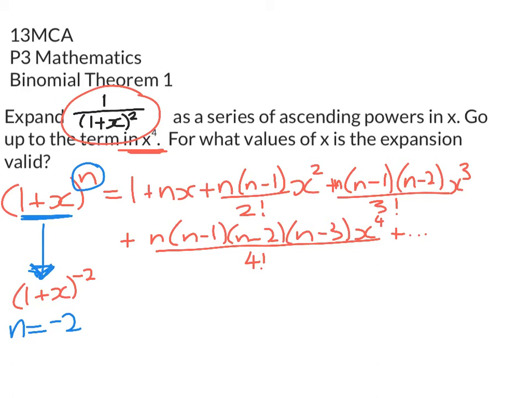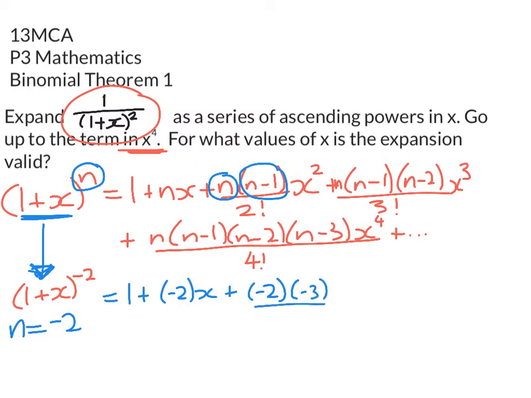So 1 plus x to the negative 2 is going to equal 1 plus negative 2 times x plus negative 2 times negative 3 over 2 factorial x squared plus negative 2 times negative 3 times negative 4 over 3 factorial x cubed.